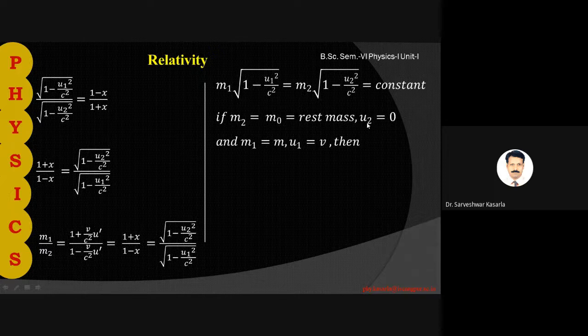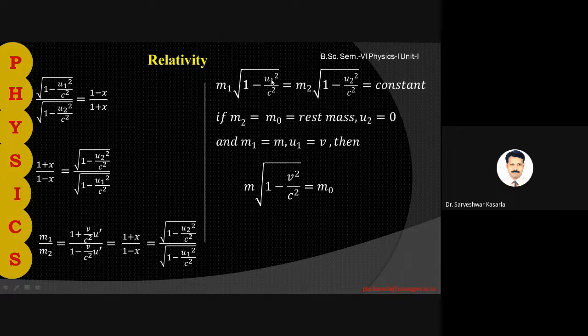And as it is at rest, u2 must be equal to 0. So u2 is the speed of particle m2. So we have taken that this is m0 and this u2 is taken as 0. Then what will happen? And take m1 as m and u1 as v.